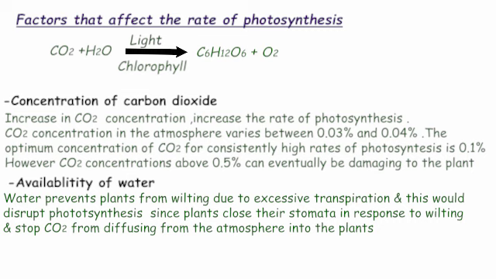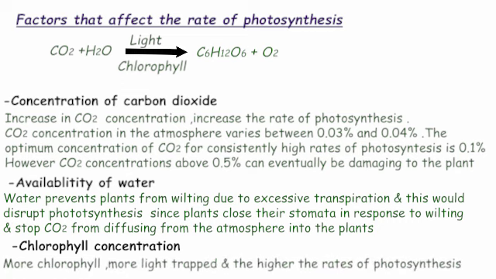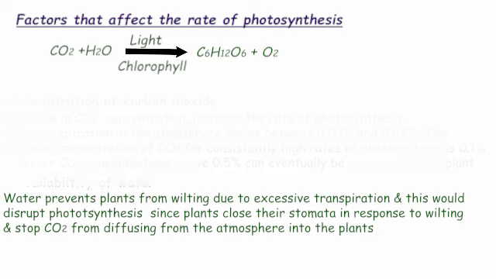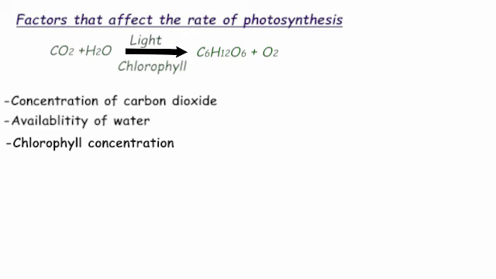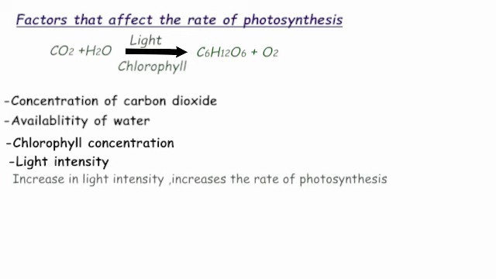And our next factor is the chlorophyll concentration. So the only thing you need to know here is more chlorophyll, more light is trapped, and higher rates of photosynthesis, and less chlorophyll, I think that one is obvious. Then our next factor is light intensity. So increase in light intensity increases the rate of photosynthesis, but only up to a certain level.